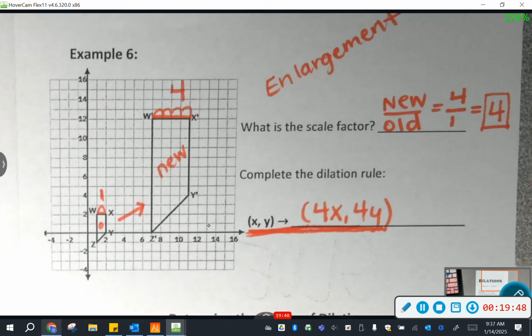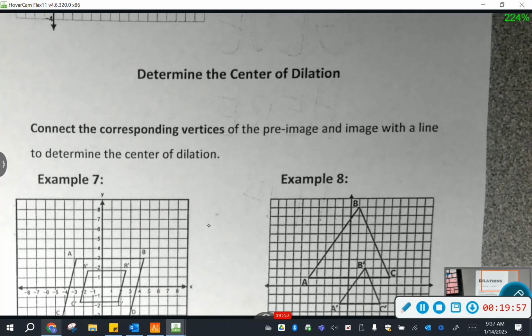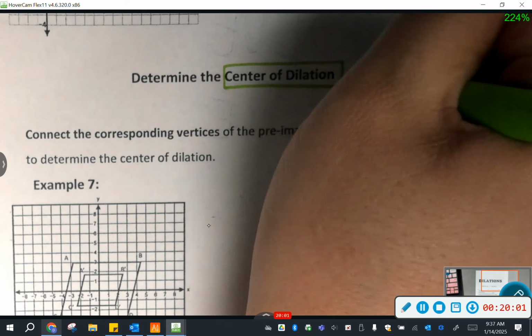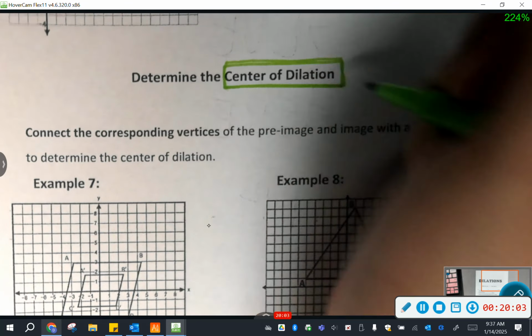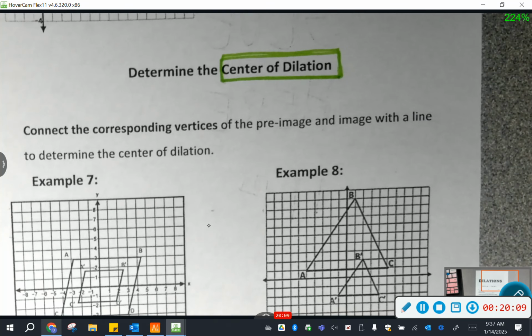But what we are going to be doing is using these protractors or rulers to figure out the center of dilation. Can everybody box right here the center of dilation? Normally in here we dilate about the origin, 0, 0. But that is not always the case.